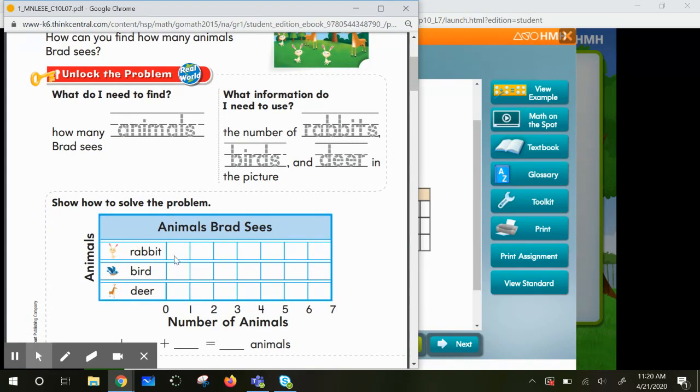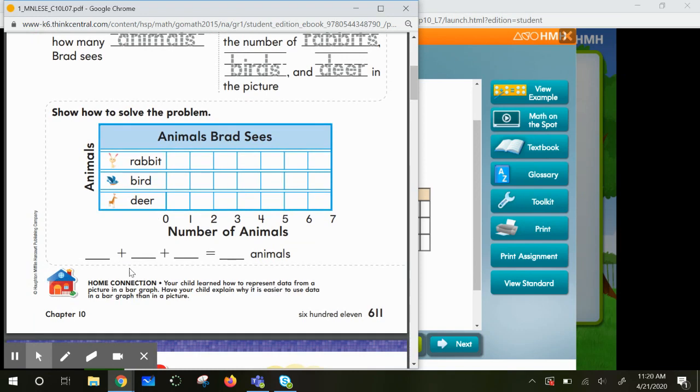Remember, we're not doing picture graphs anymore, so you would be coloring in a bar all the way to the end where it touches the next number that matches how many are there. Same thing for bird and deer. Then draw to show how many animals Brad saw in all.